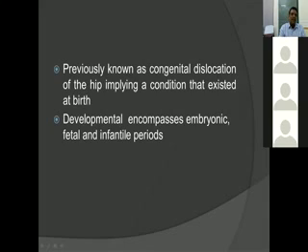But during study observation, they found that the condition arises because of abnormality which occurs during embryonic growth, fetal growth, and even after birth during the infantile period. So they have changed the nomenclature to developmental dysplasia of hip.